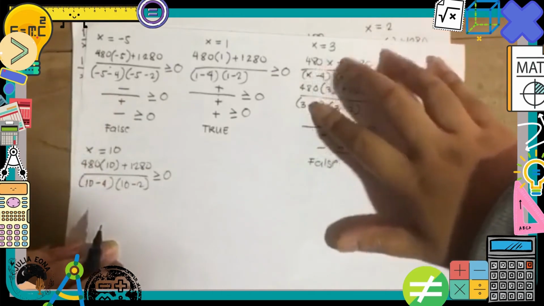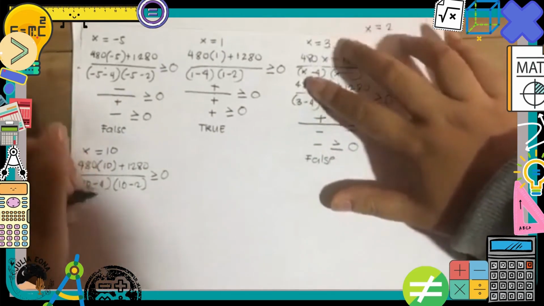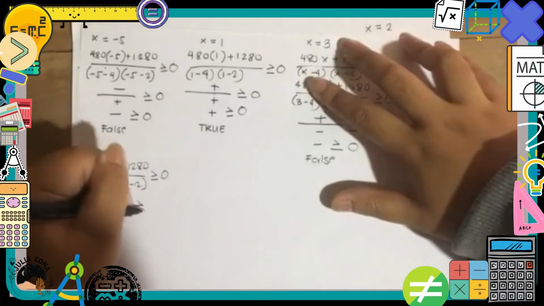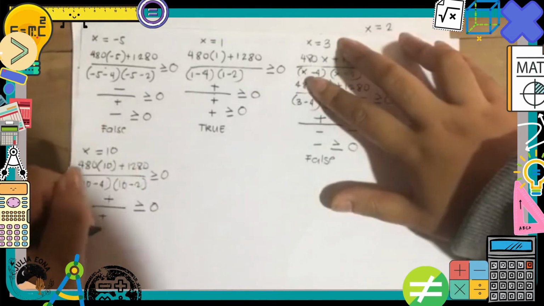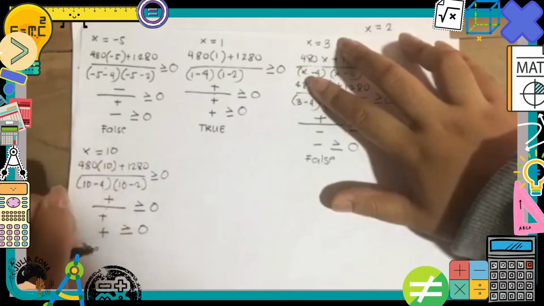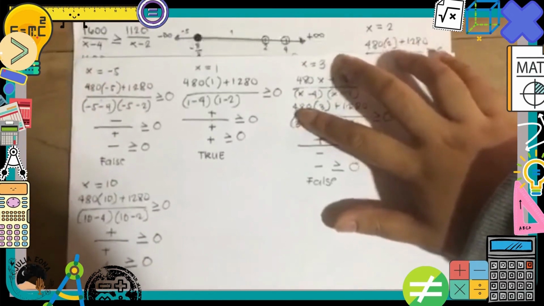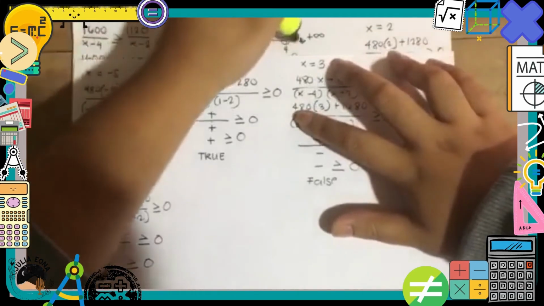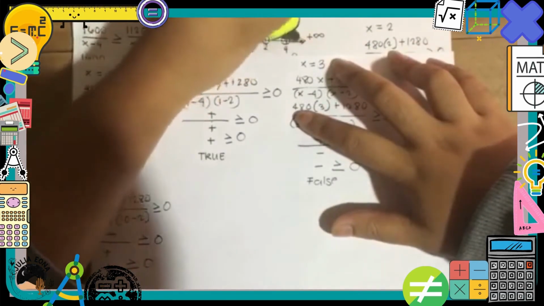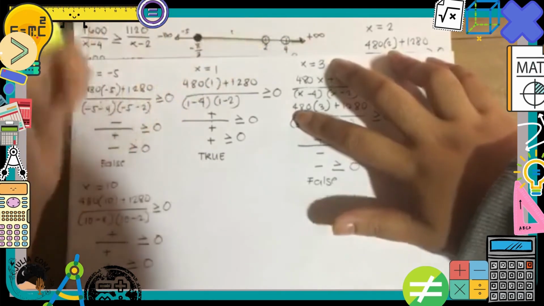So we are going to have positive over positive greater than or equal to 0. Positive divided by positive would be positive. So it is true, so I'm going to shade this part since it is part of our solution. There.